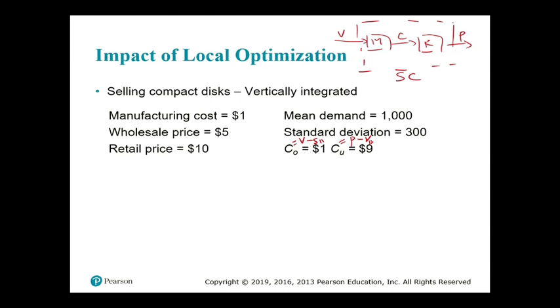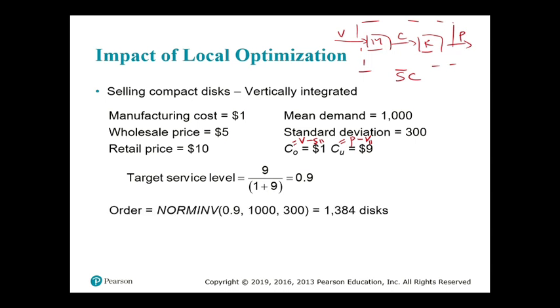All right, following me? Okay, so then for the supply chain, the target service level should be 0.9 instead of 0.5. Then if we use this target service level to solve for the optimal order quantity, it's equal to 1,384.